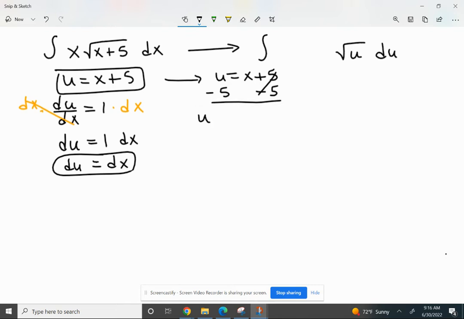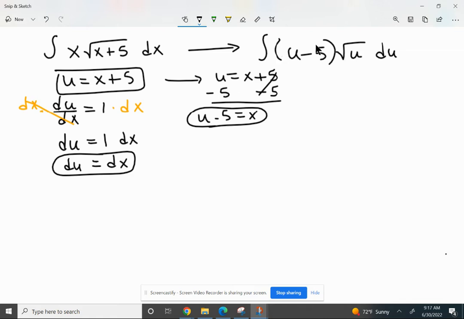So u minus 5 is equal to x. That x sitting there, I can change to u minus 5. I better put parentheses around it because it's going to be multiplied by the square root of u.